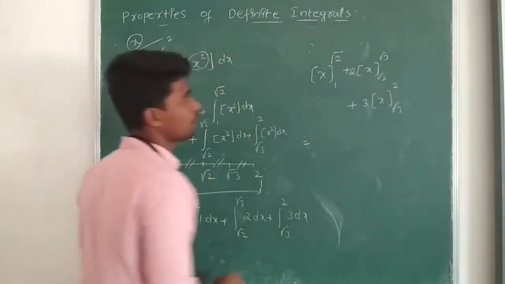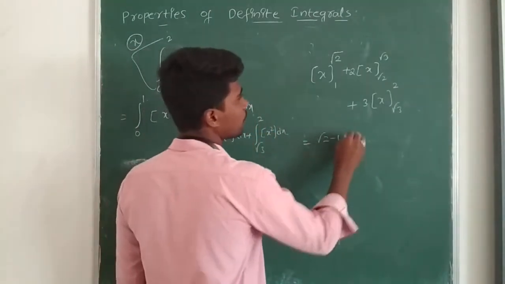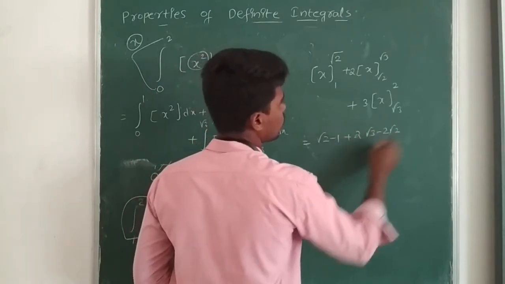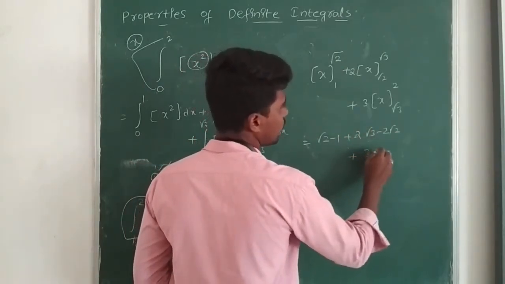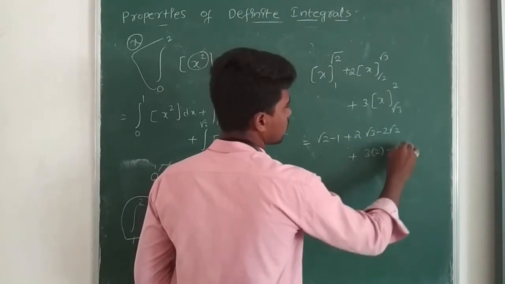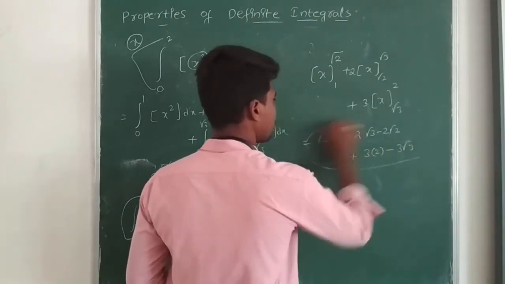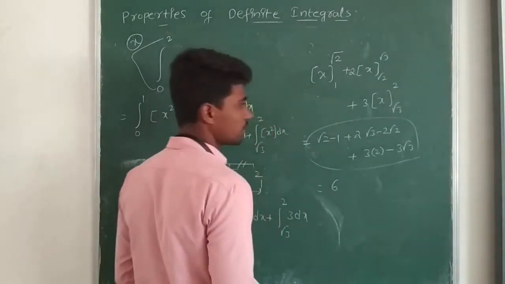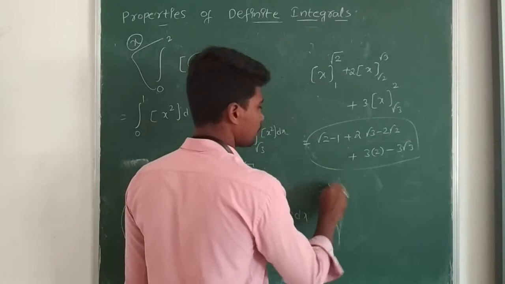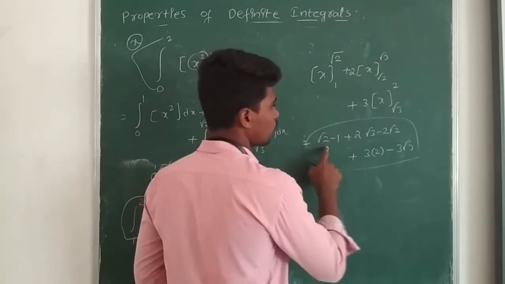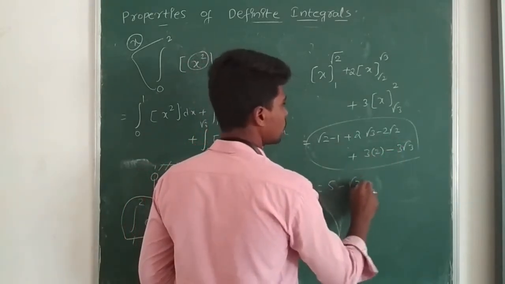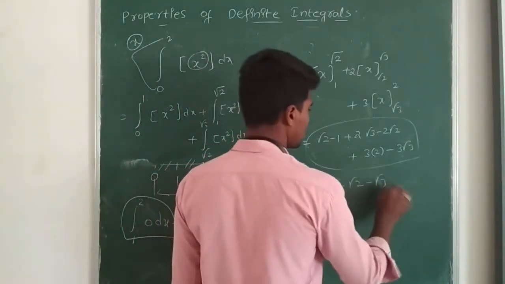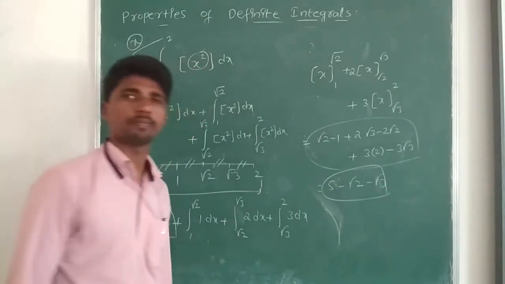So now the answer: root 2 minus 1, plus 2 into root 3 minus 2 into root 2, plus 3 into 2 minus 3 into root 3. If you simplify, 6 minus 1 is 5. Next, root 2 minus 2 root 2 is minus root 2, and 2 root 3 minus 3 root 3 is minus root 3. This gives our answer. Okay.